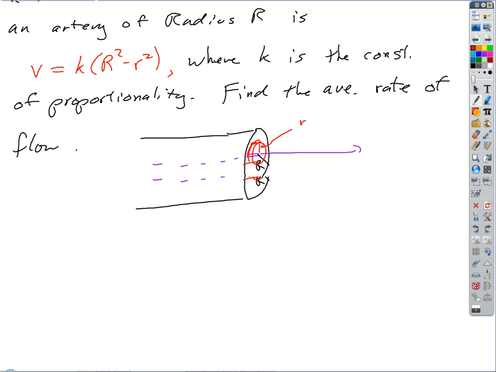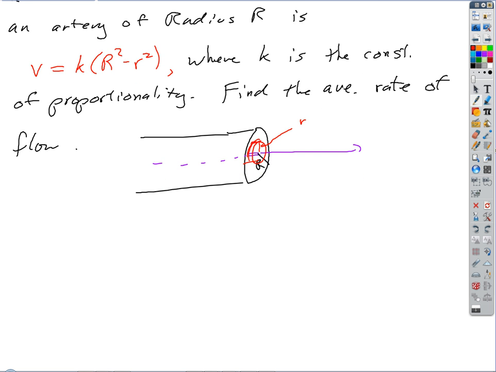So what are we going to do? This involves a little calculus, doesn't it? So I'm going to have to integrate. What I want to do is find the integral of this function, which predicts velocity, from the center to the edge of the artery, and then divide that by the width of that interval, right?